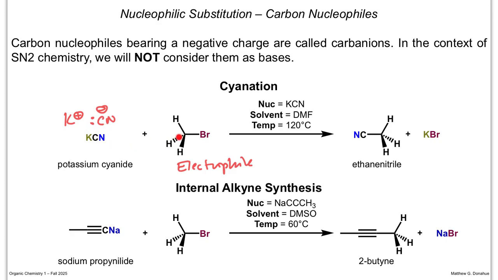That carbon will attack the electrophile, displacing the leaving group. And then you'll notice we've done the substitution, and we end up with a nitrile. The potassium bromide is, again, the byproduct with the spectator potassium and then the Br- leaving group.